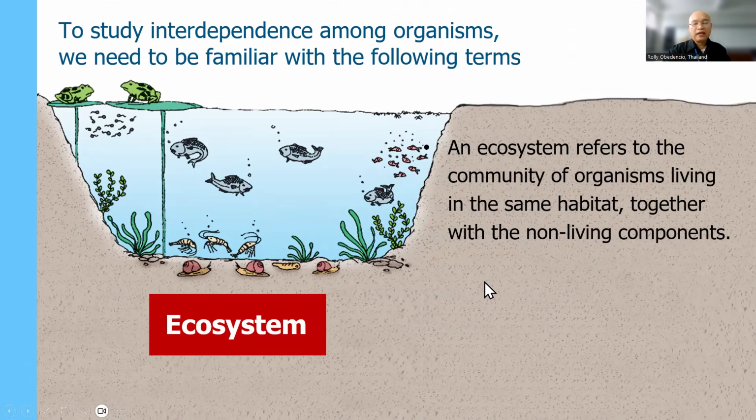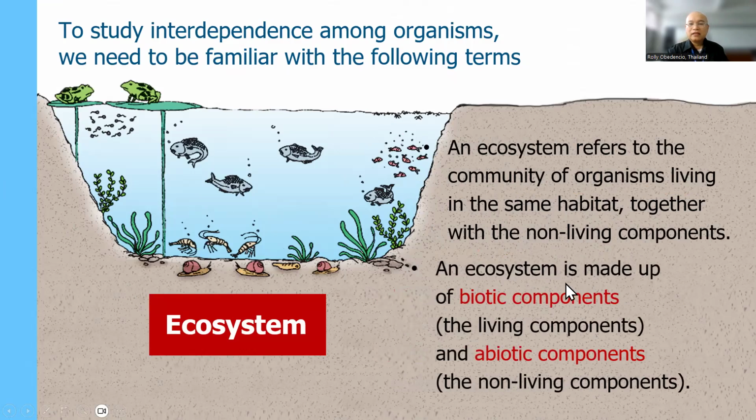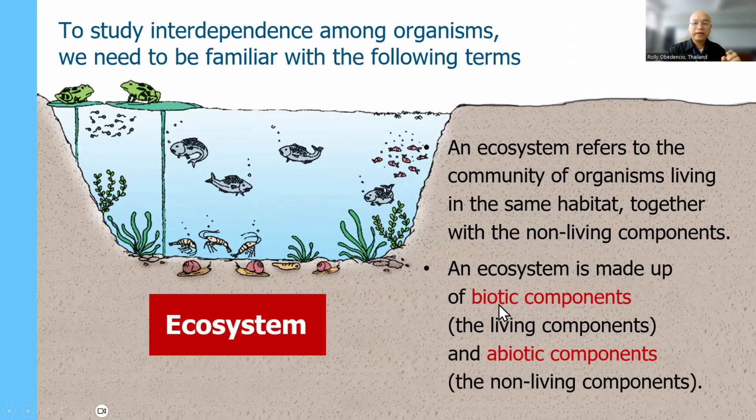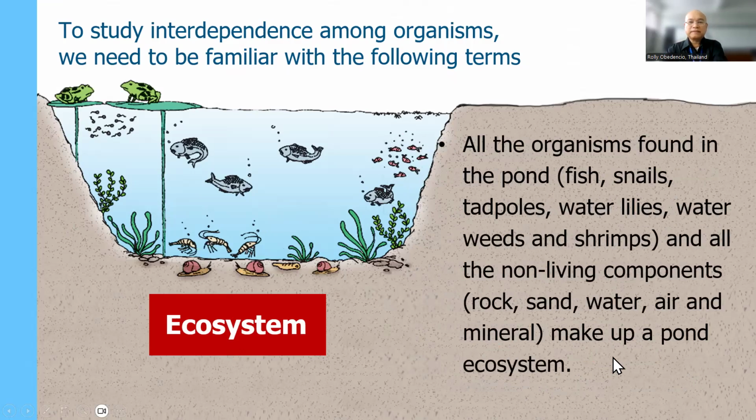What is an ecosystem? An ecosystem refers to the community of organisms living in the same habitat, together with the non-living components. An ecosystem is made up of biotic components, meaning the living components, and abiotic components, meaning the non-living components.